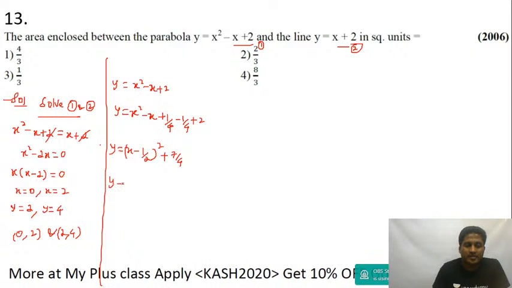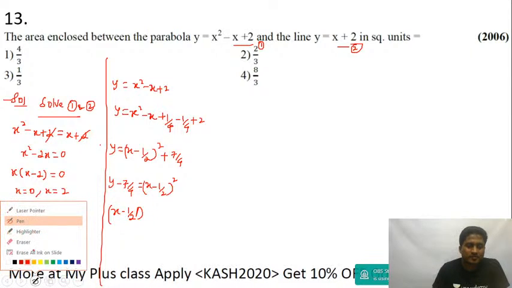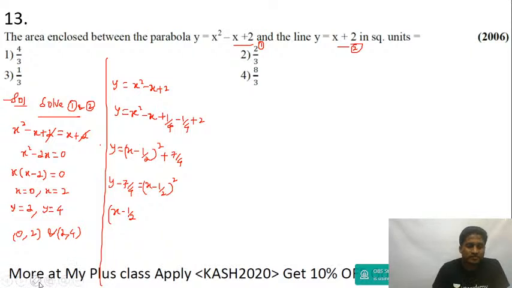So you get y minus 7 by 4 is equal to x minus half the whole square. This is of the form x minus h the whole square is equal to 4a into y minus k.